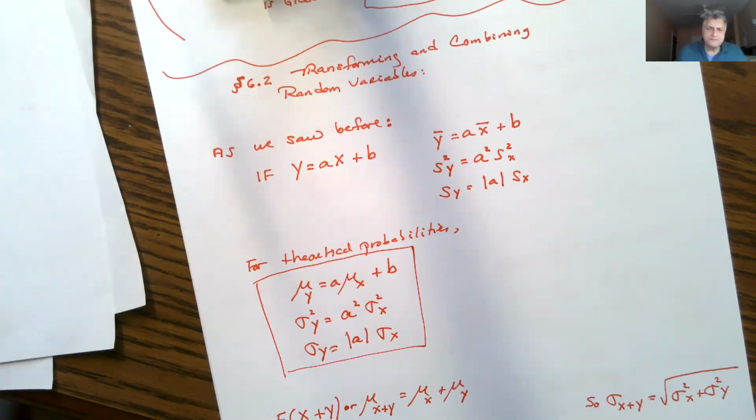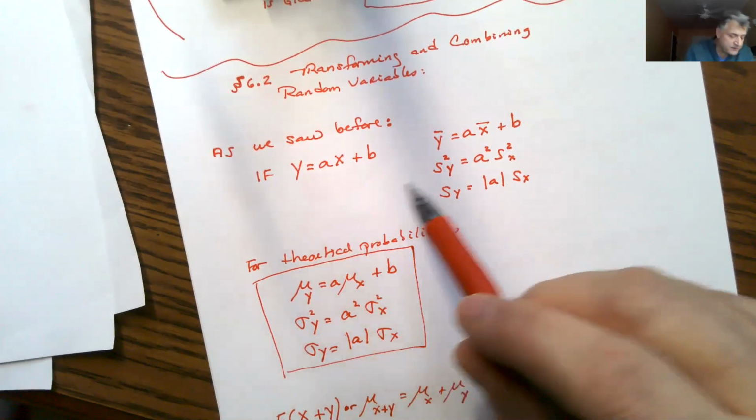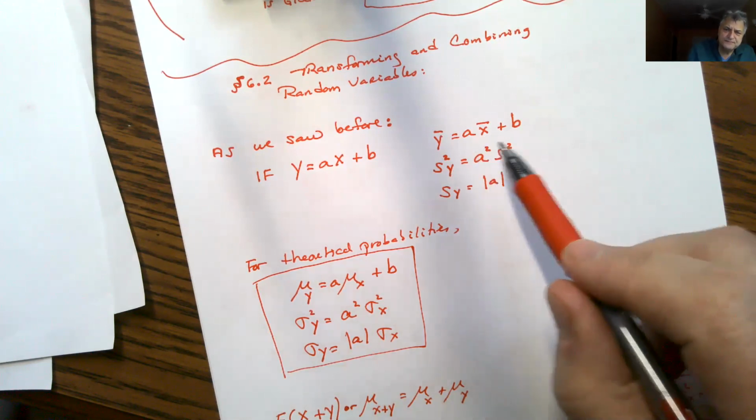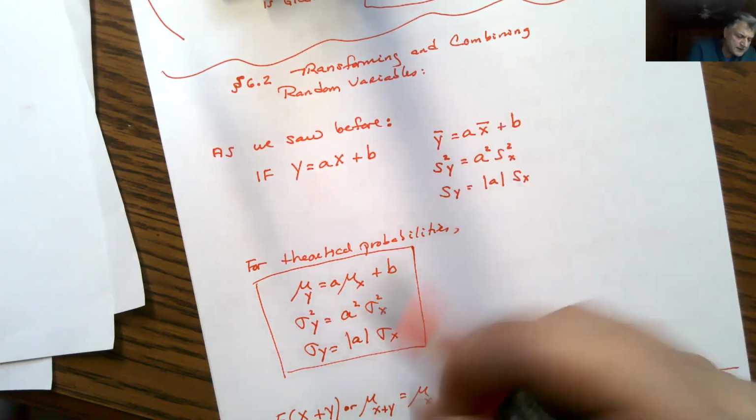We saw before that if y equals ax plus b, where x is a random variable, then y bar was a x bar plus b. Let me give you an example.